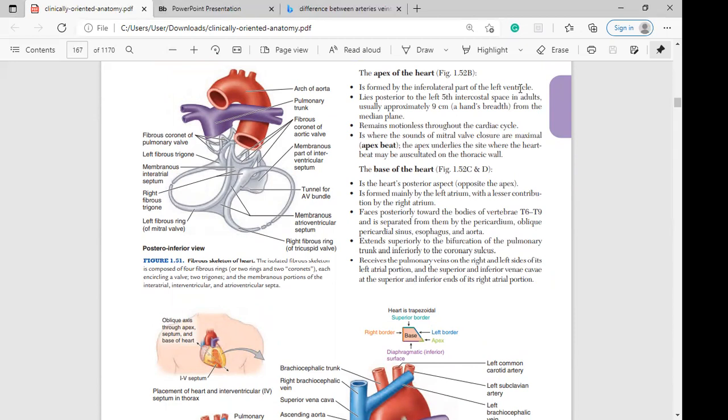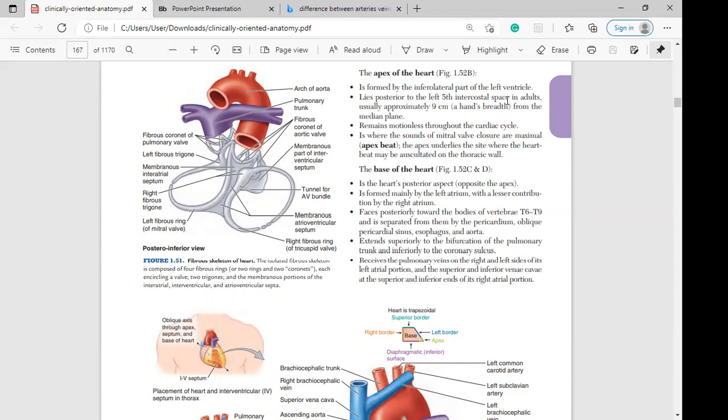Now, some anatomical landmarks. How do you know where the apex is located if you want to count the ribs or the intercostal spaces? The apex of the heart is located posterior to the left fifth intercostal space.